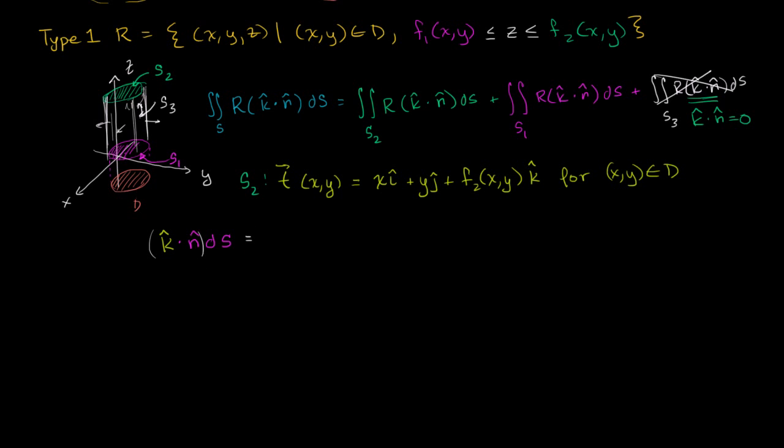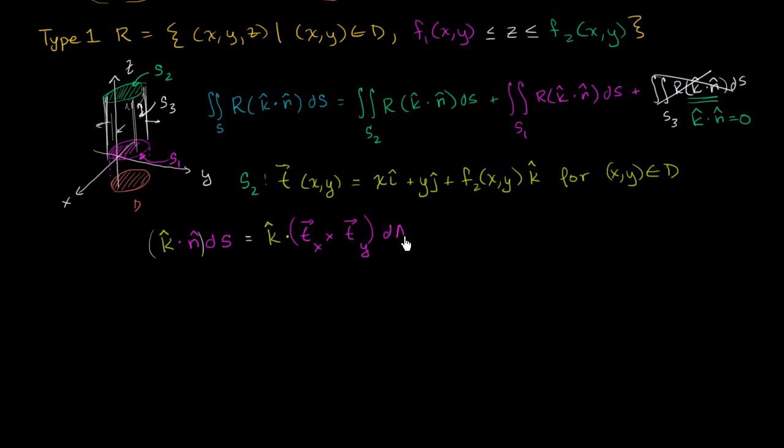This is the exact same thing as k dotted with the cross product of the partial of T with respect to x crossed with the partial of T with respect to y, times a little chunk of our area, times dA, a little chunk of our area in the xy domain.